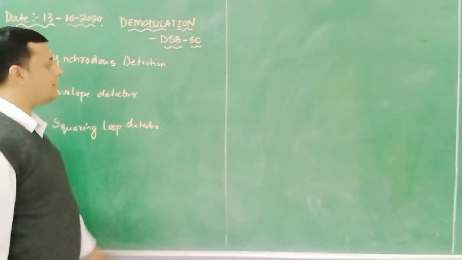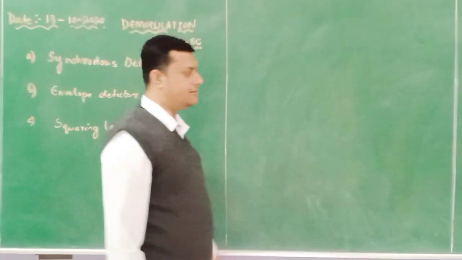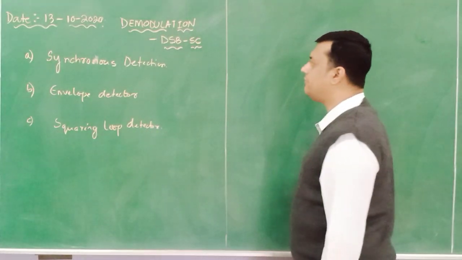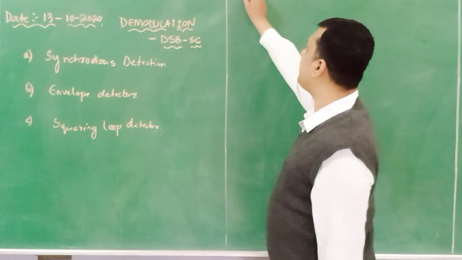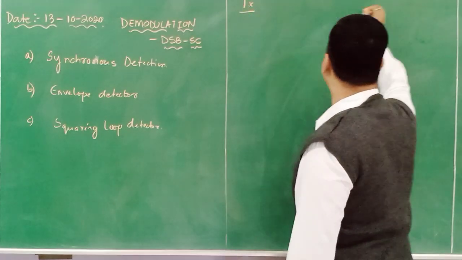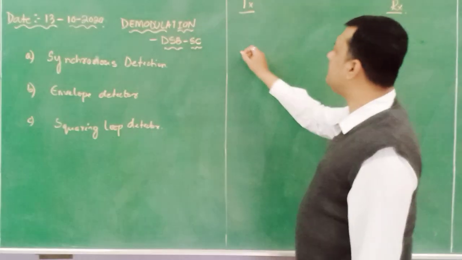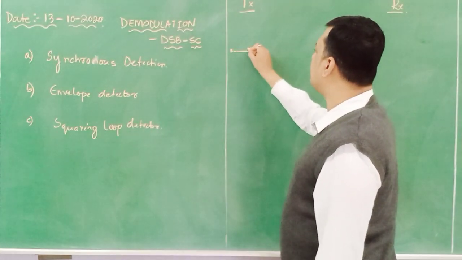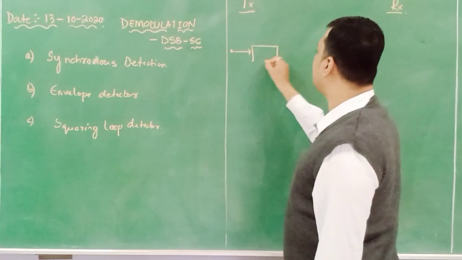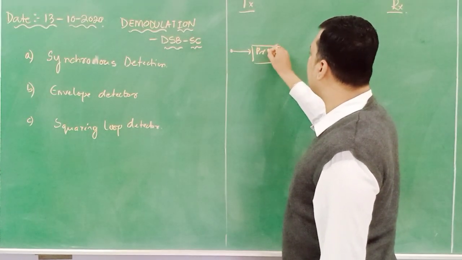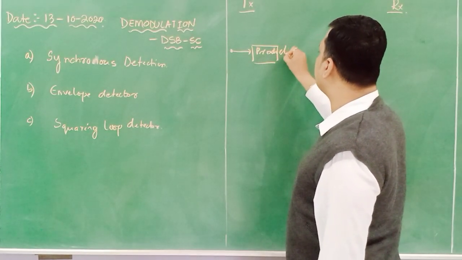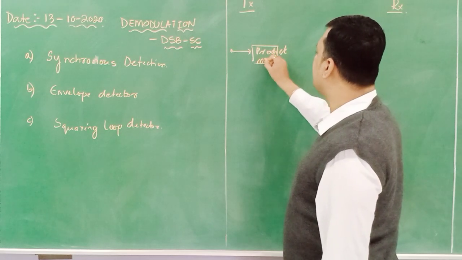Now how can we analyze these signals? First I will analyze the transmitter part and then the receiver part. In the transmitter, the message component is provided to the product modulator, or you can say the balance modulator.